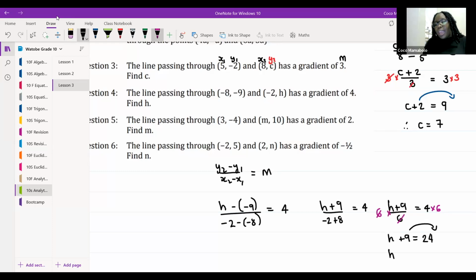So I will have h is equal to 24 minus 9, which is 15. Give me a thumbs up if you got 15 for h. Did we get 15 for h? Amazing stuff. 100%. Well done. Awesome, awesome, awesome.